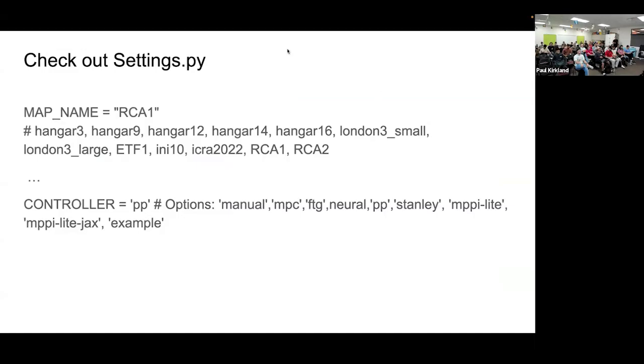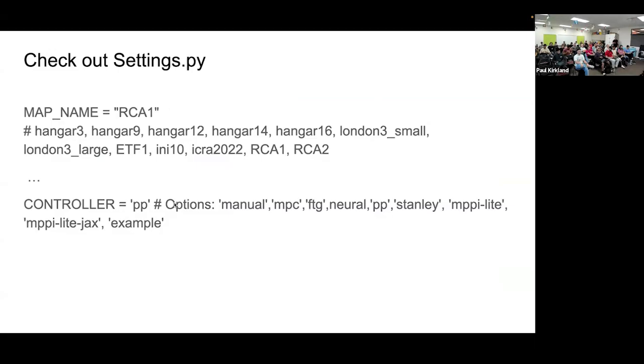In settings.py is where you can play around. You see some things like map name and controller, and there are a lot of maps that we mapped from the real world. Some are from actual races, for example, the ICRA 2022.